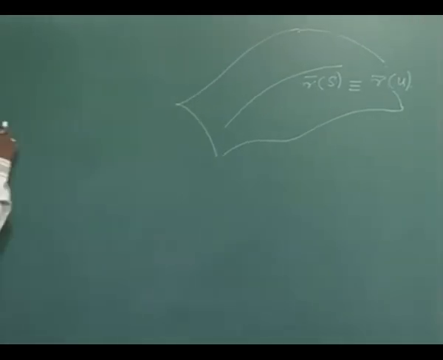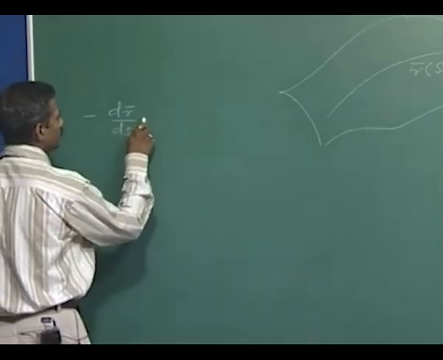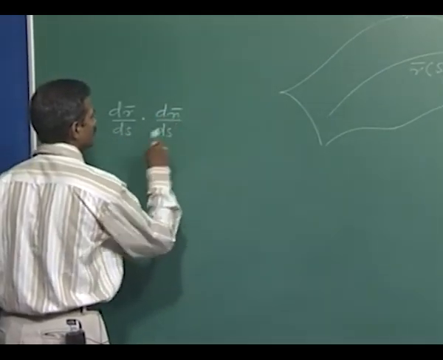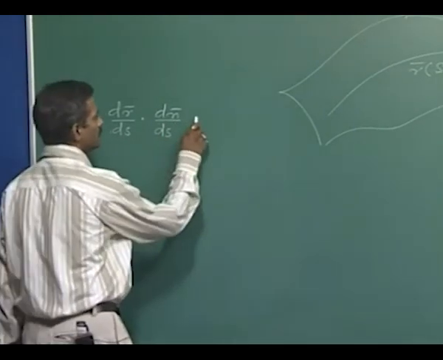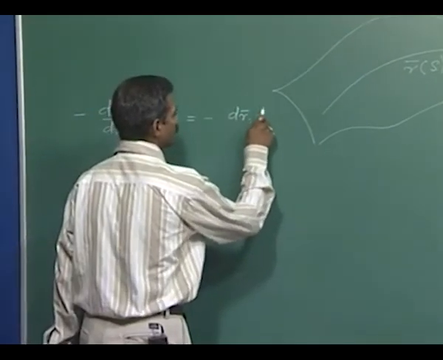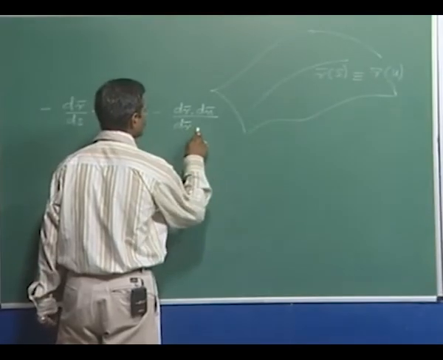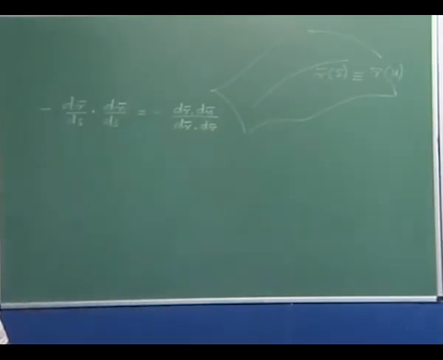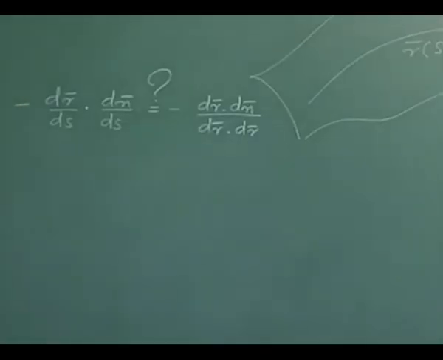Now minus of dr over ds dotted with dn over ds. I said that this was equal to minus of dr dotted with dn over dr dotted with dr. How did this happen? Let's find out.